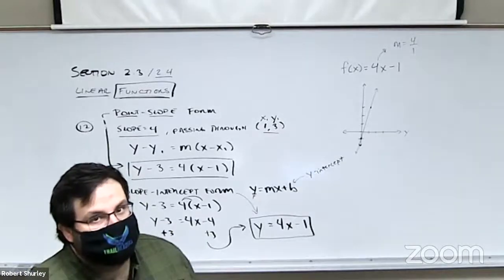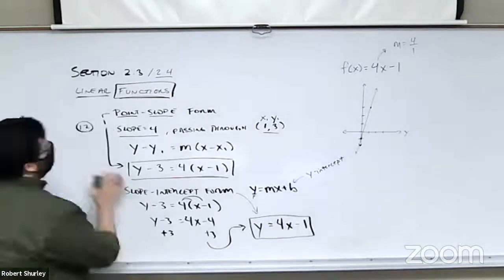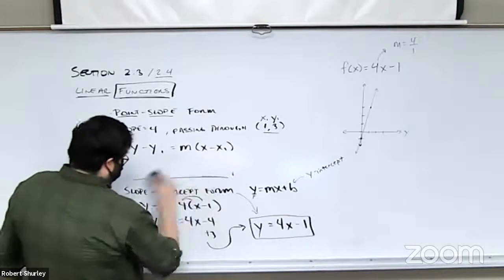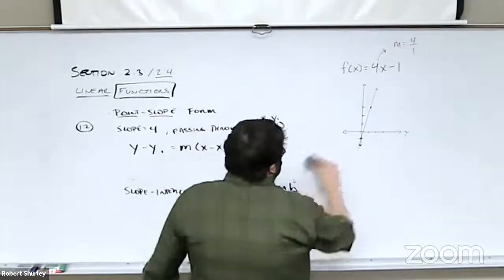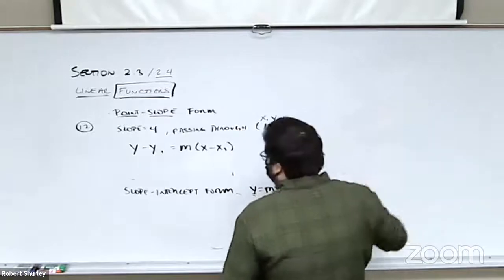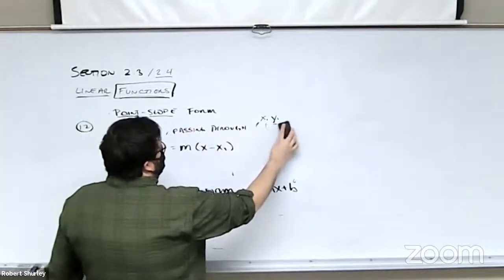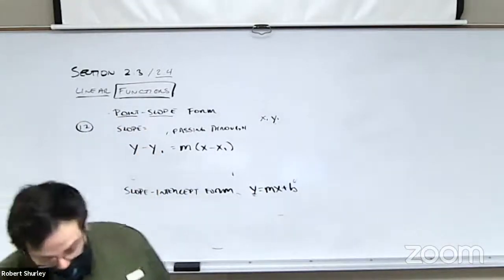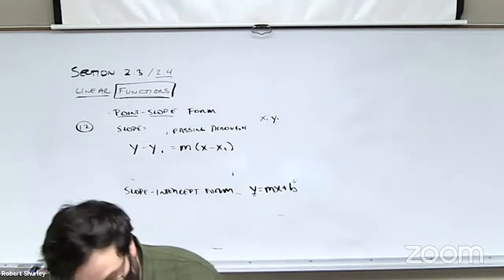Okay, questions. I want you to try one of these now. I'm going to give you a different slope and a different point, and I want you to do this process. I'm going to steal it straight from the homework. This is number 16.